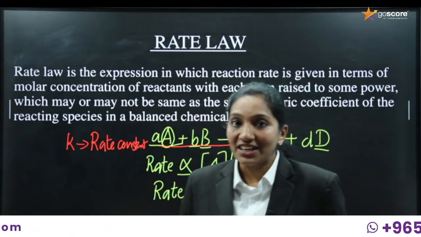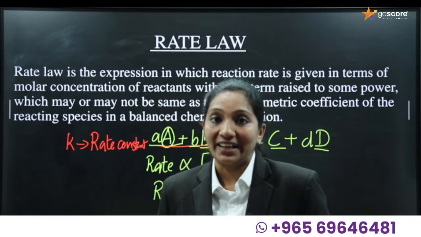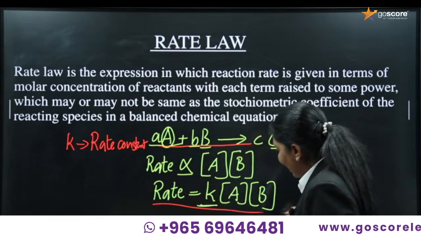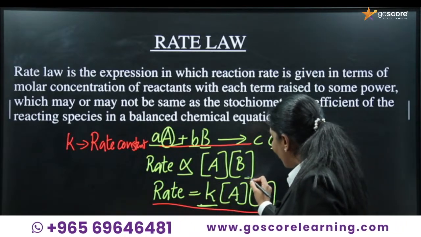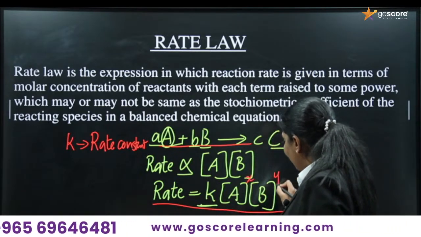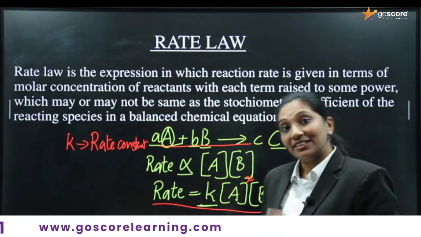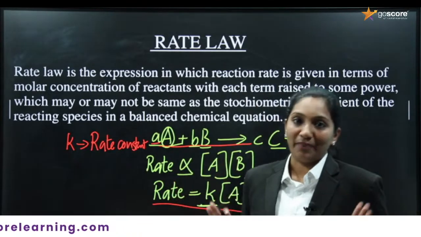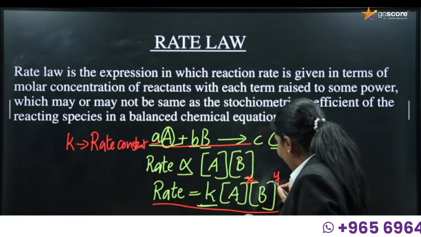The rate of the reaction is determined based on experimental data. Here, in the rate of the reaction, each of these concentration terms is raised to an exponent, and these exponent values, that is x and y, may or may not be equal to the stoichiometric coefficient. Why do we write it as x and y?